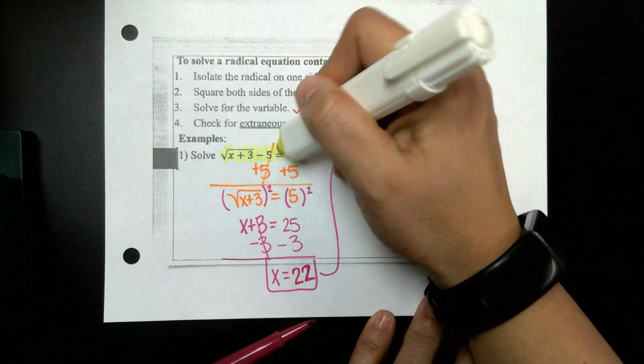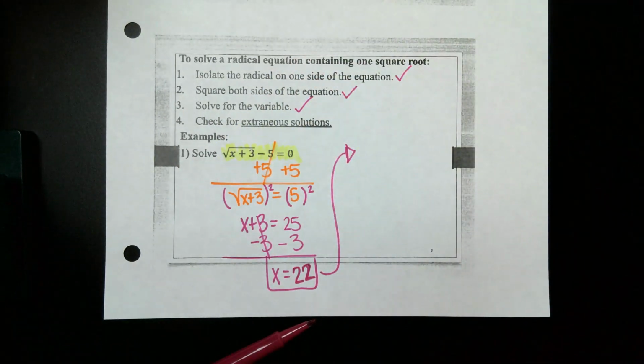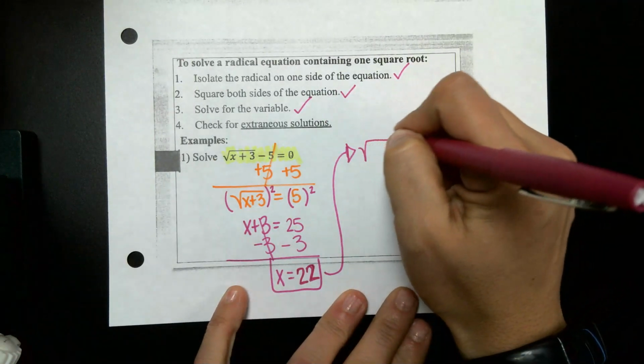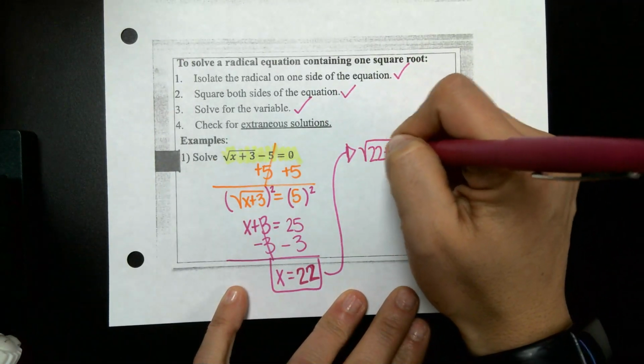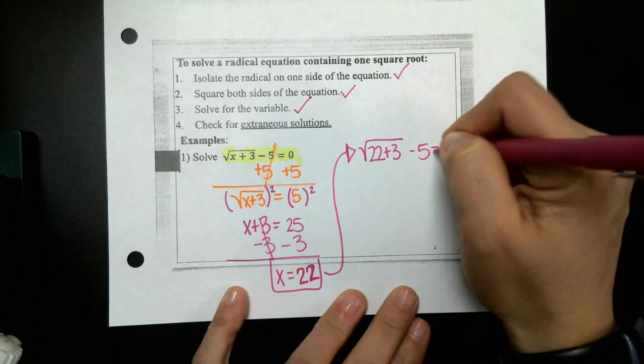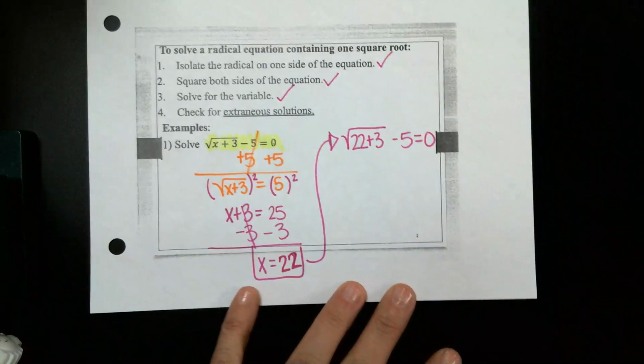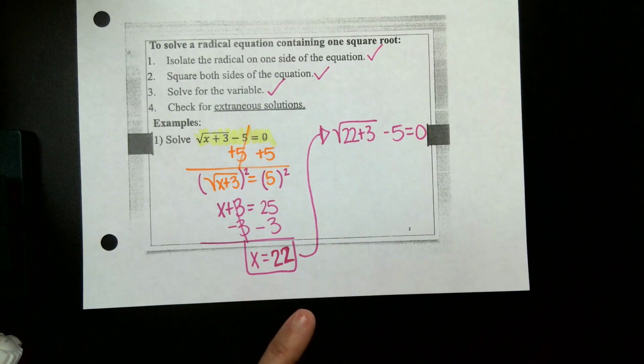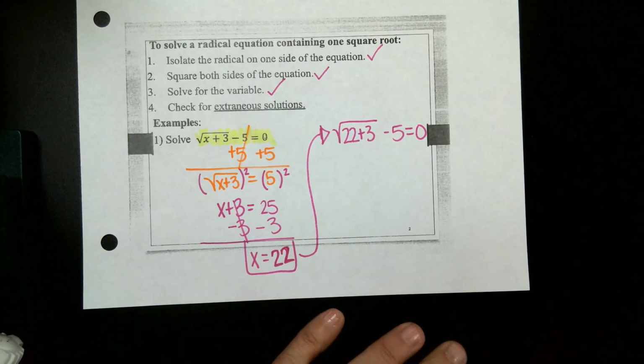I need to plug the number 22 in where the x is, so watch. Square root of 22 plus 3 minus 5 equals 0. We need to see if that's a true statement. If it is, then the answer of 22 is correct. If it's not true, it's extraneous.